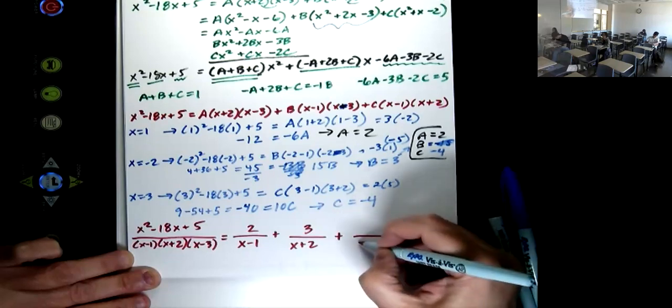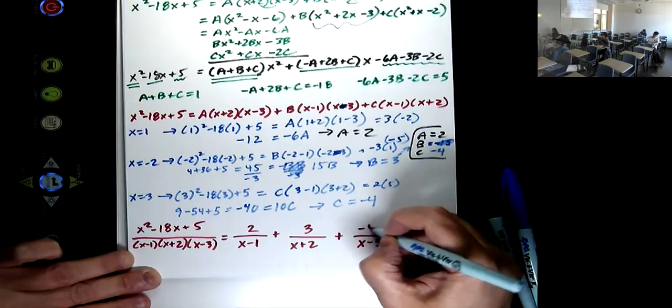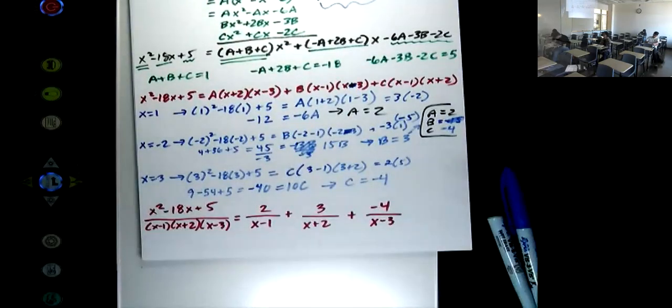And my x minus 3 has a negative 4 on top. That's fine.